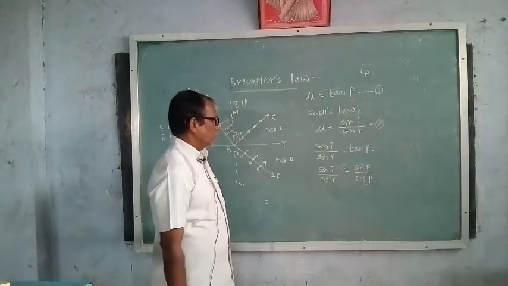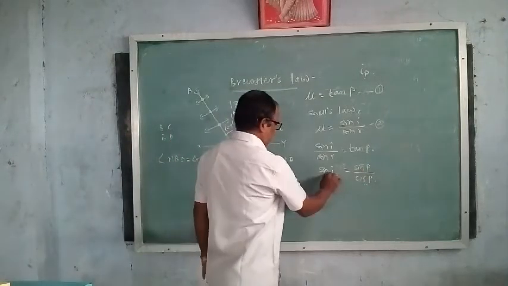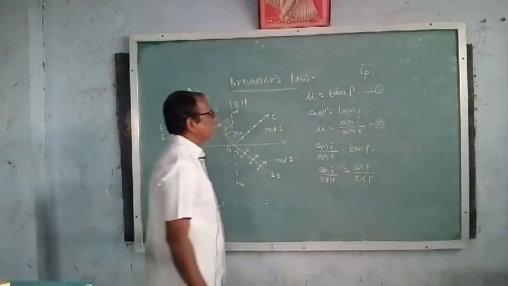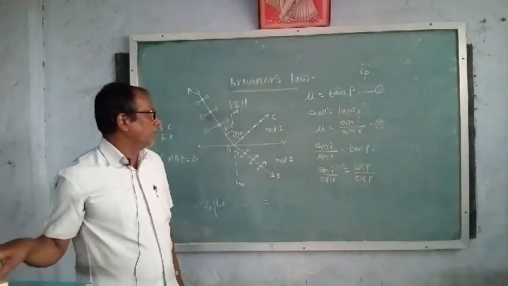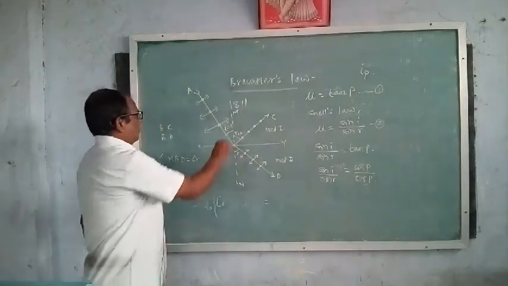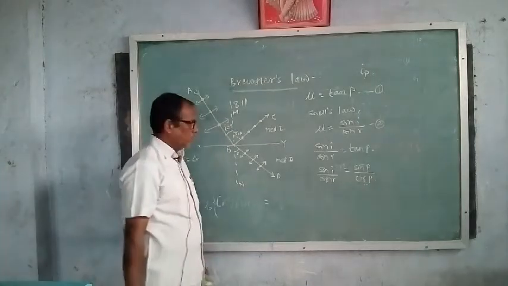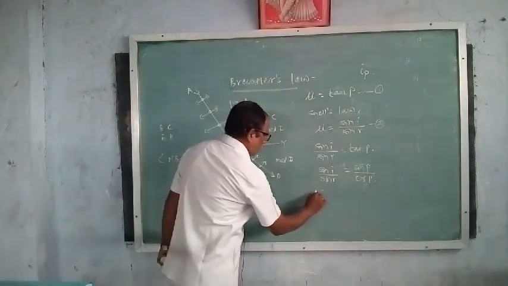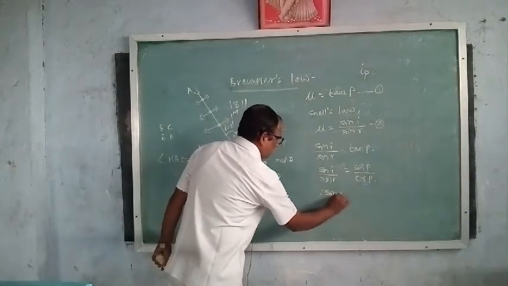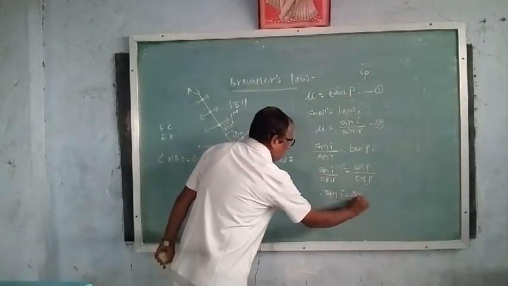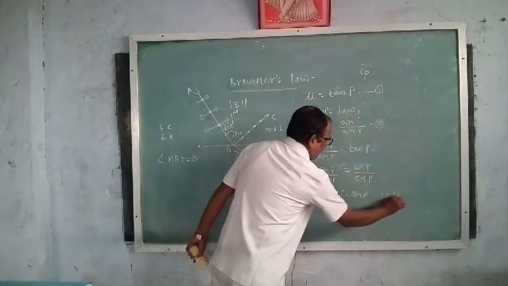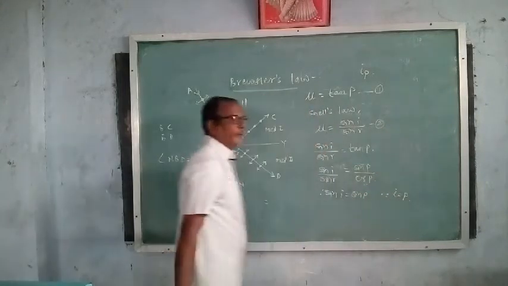So sin i upon sin r is equal to sin P upon cos P. As polarizing angle is nothing but the angle of incidence, therefore sin i is equal to sin P, because angle i is equal to angle P.